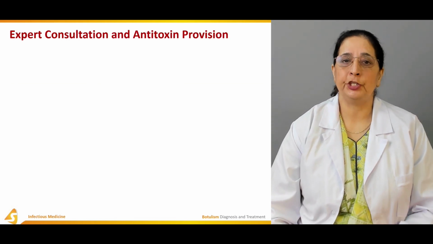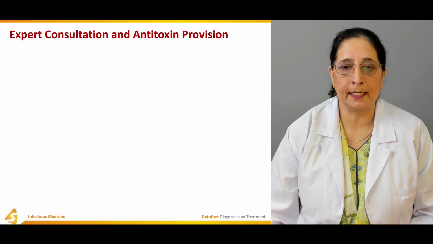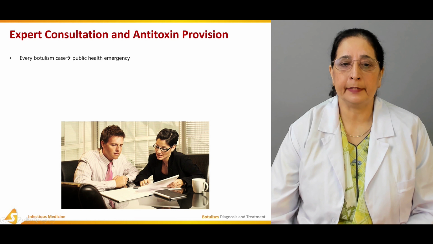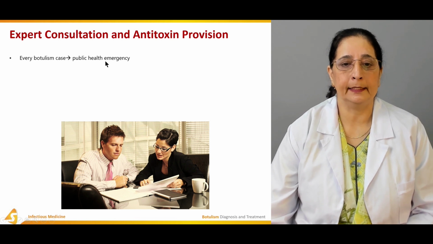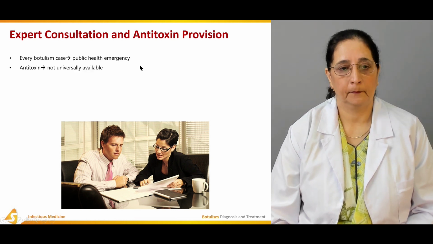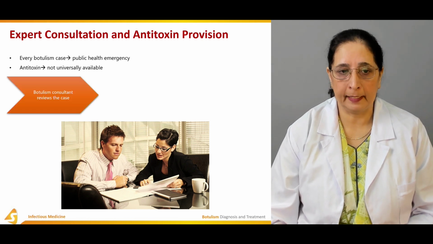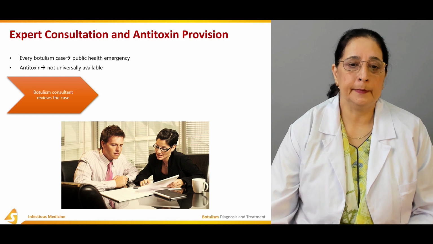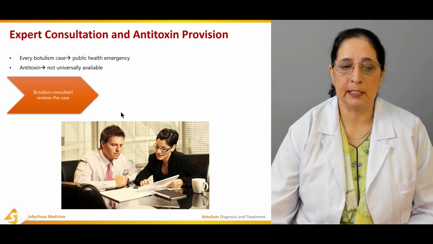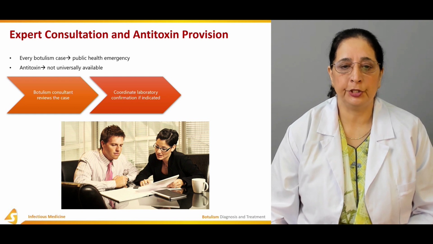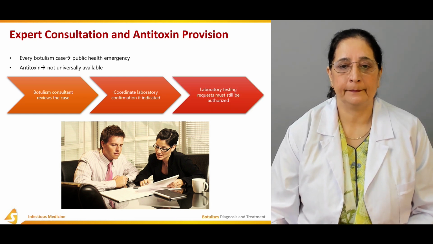Expert consultation and antitoxin provision. Every botulism case is a public health emergency. Antitoxin is not universally available. A botulism consultant reviews the case and coordinates lab confirmation if indicated.